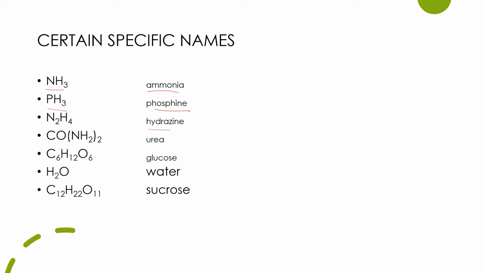N2H4 is hydrazine. CO(NH2)2 is urea. C6H12O6 is glucose. H2O is not hydrogen oxide but water. C12H22O11 is sucrose, or sugar, table sugar.